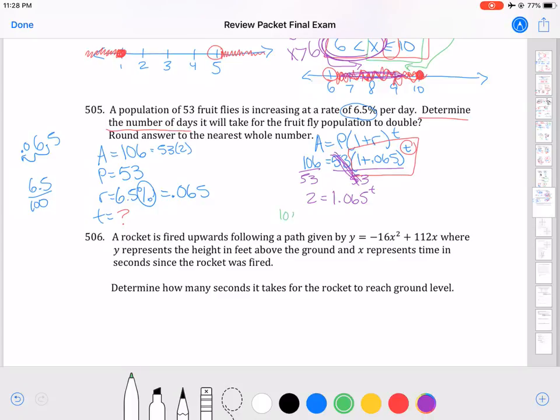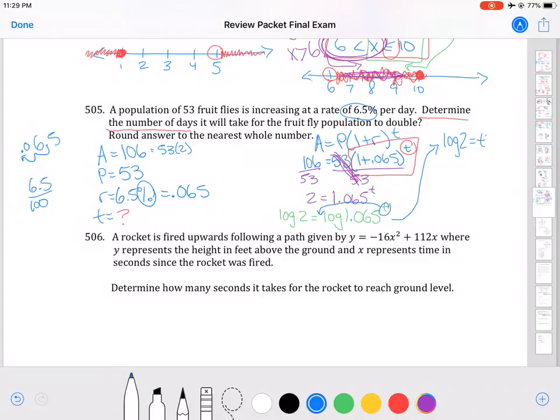You start by writing the word log on both sides. So the log of 2 is equal to the log of 1.065 to the T. The whole point in taking the log is to get that exponent of T out of the exponent and drop it down in front. We're used to these being flip-flopped where the T is on the left side of the equation, but it's still the same process.